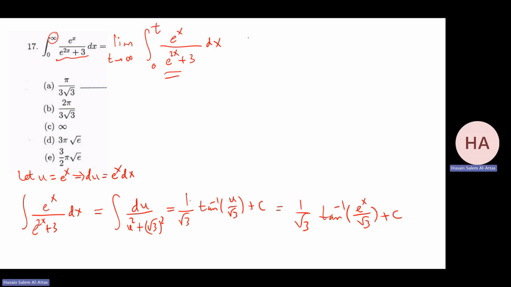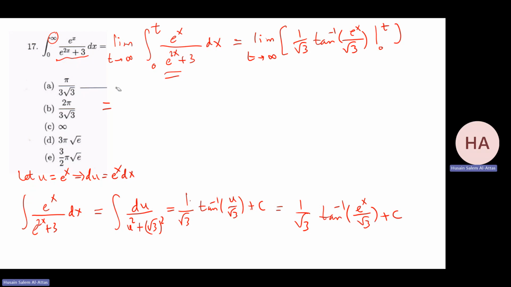Okay, so this integral will be the limit as t goes to infinity of 1 over square root of 3 tan inverse of e to the power x over square root of 3, from 0 to t.